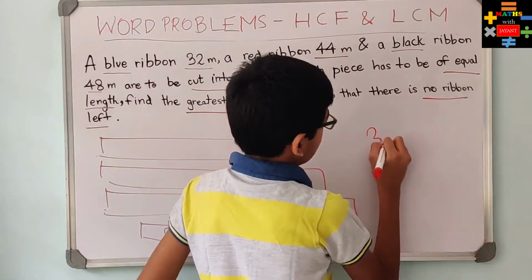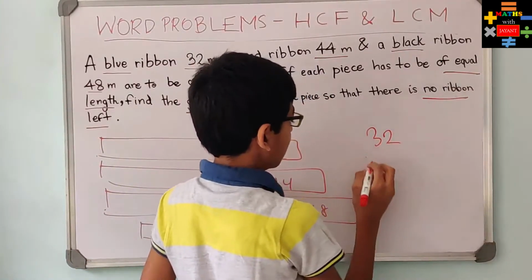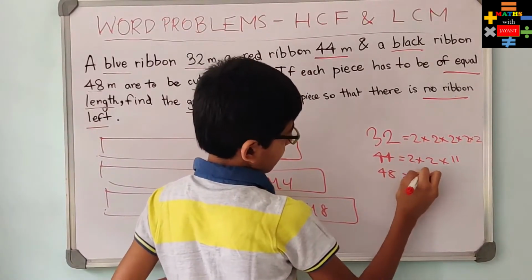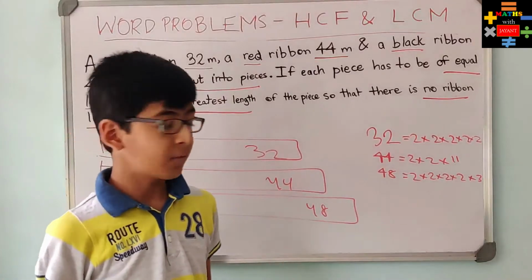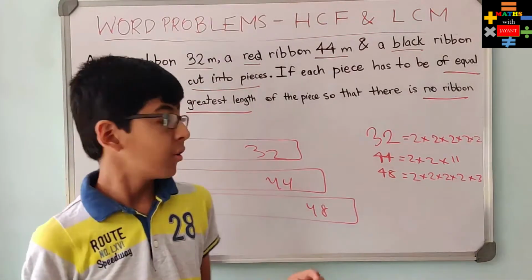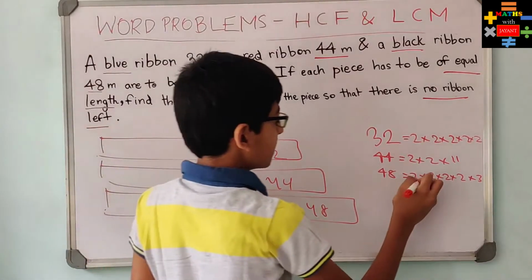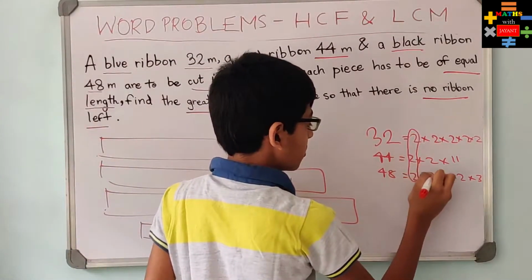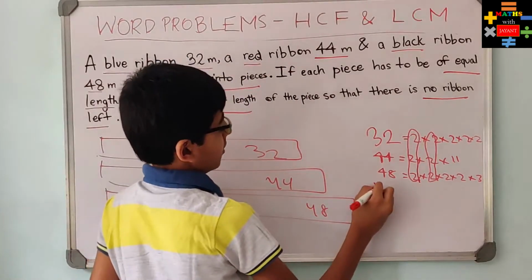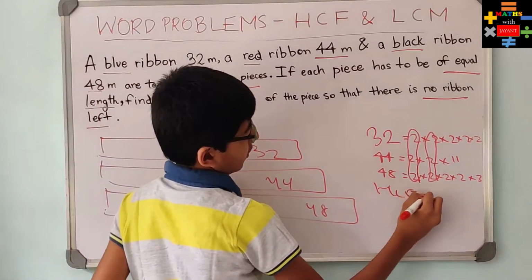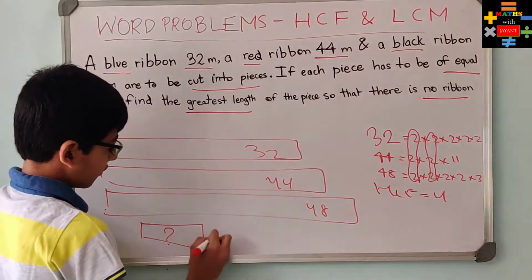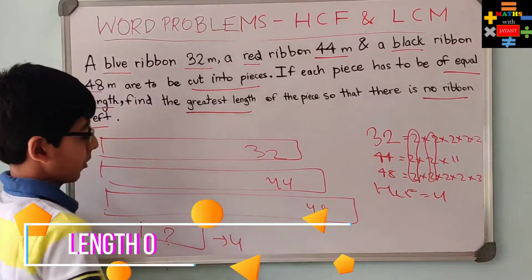So let's prime factorize and check. So we have prime factorized the numbers. Over here the common ones are this pair of 2 and this pair of 2. So the HCF is going to be 2 into 2, that's 4. So the length of each piece should be 4.